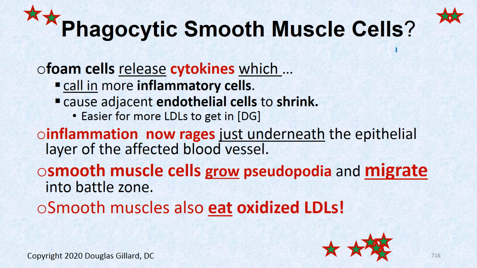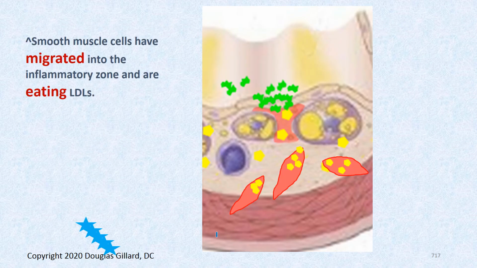So unfortunately, more LDLs can get in. So the inflammation gets worse. But the smooth muscle cells all of a sudden completely morph into something new. They grow little pseudopodia, little legs, and they can crawl out of the tunica media into the battle zone, and they become phagocytic. That's the craziest thing ever, right? How a smooth muscle cell becomes phagocytic. But that's exactly what happens.